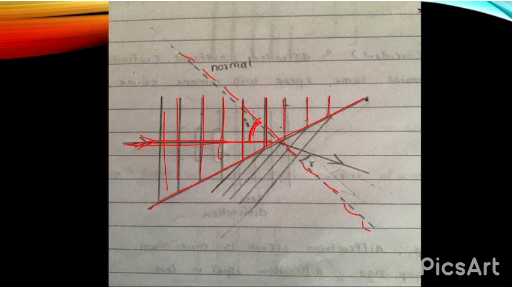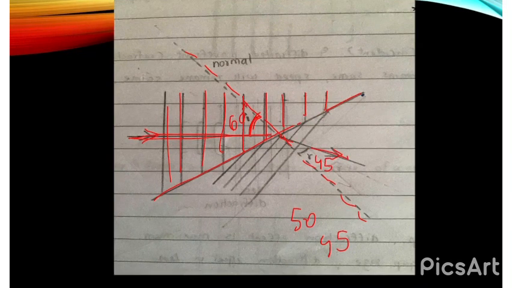For example, this is 60 degrees, then your angle of refraction should be smaller than the angle of incidence. So it could be anything below 60. It could be 50, 45, any number below 60. So for example, you drew 45 degrees, then you need to mark your refracted ray.